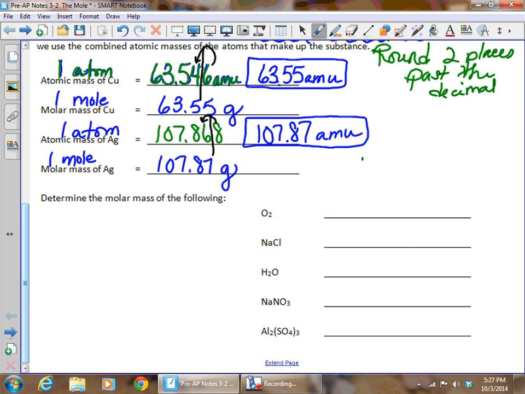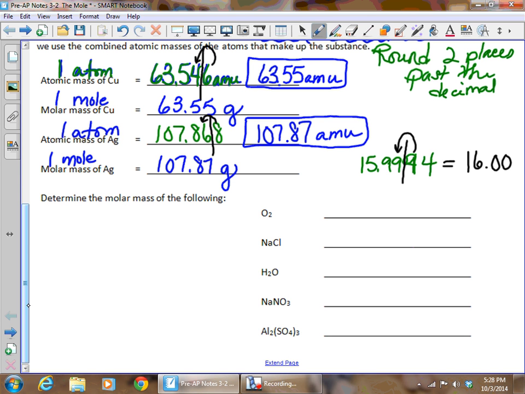With that 15.9994, I'm going to keep showing you how we're going to round these because I want to make sure that you're getting these rounded correctly. So we're going to draw our sig fig line, draw our line 2 places past the decimal. That 9 says round up. So when we round up that value, that's going to take it all the way up to 16.00.